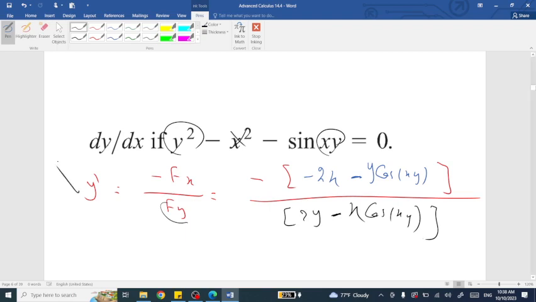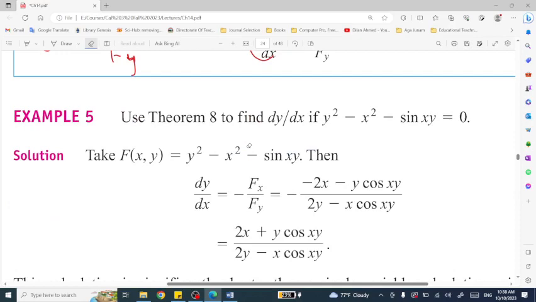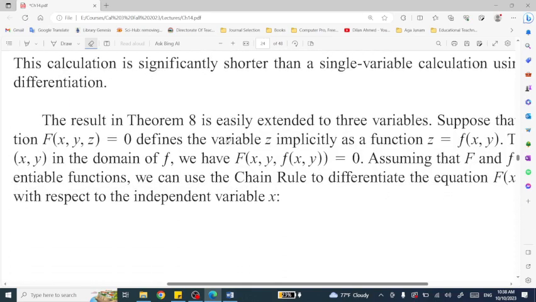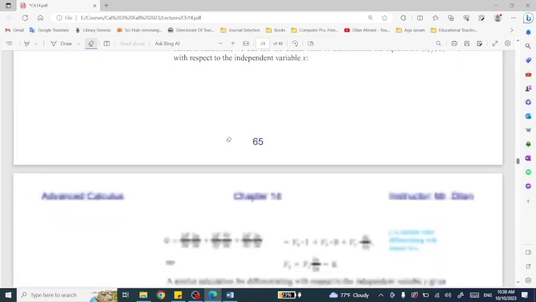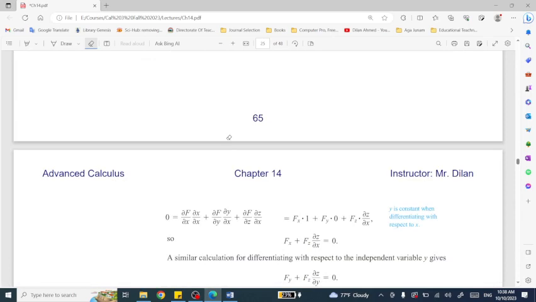Did you understand, dears? Good. Why do we take that one? Because we have implicit partial. That was implicit derivative. Now I have implicit partial. Look at here.